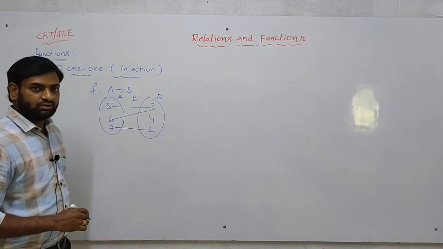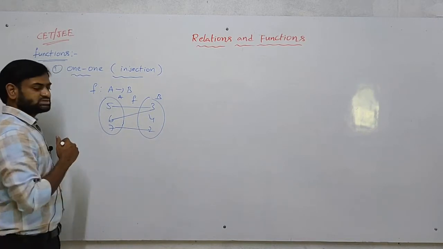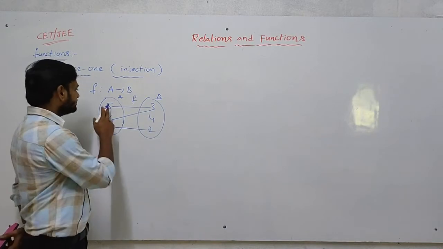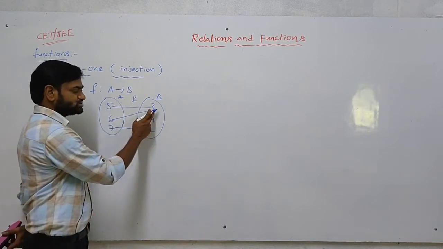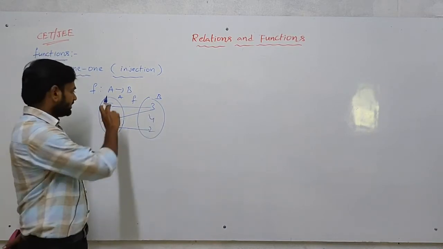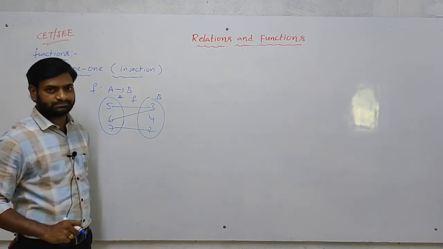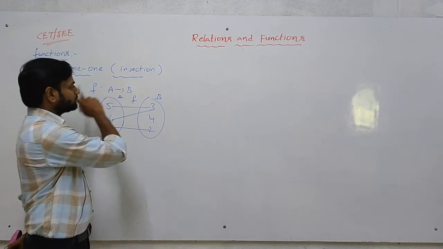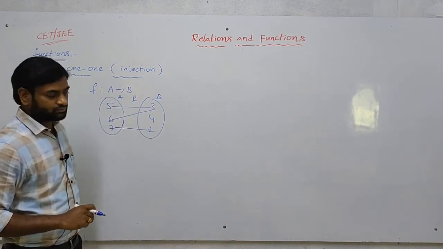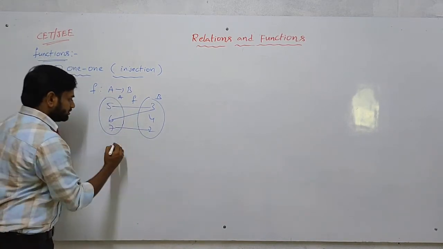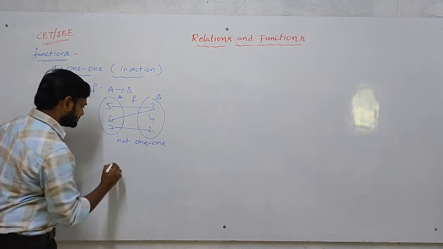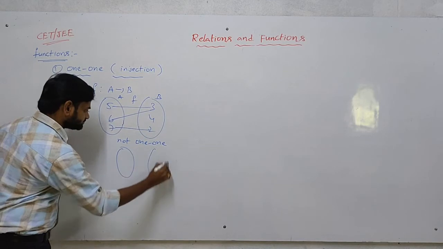What I said is that one-one means different elements should have different images. But here, 5 and 6 have the same image 3. That's why it is not a one-one function. Suppose I take one more example.